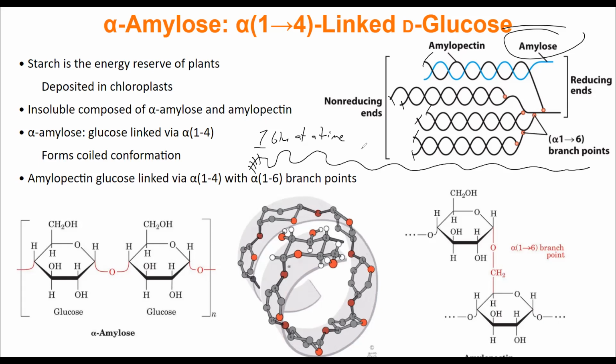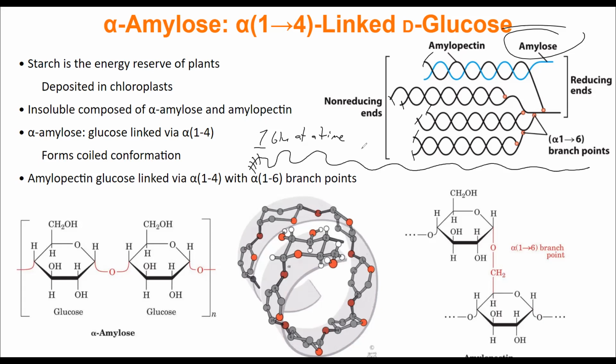But what happened is that plants created a different type of molecule to ensure that slow release mechanism, where the plants just said, I'm going to create one glucose polysaccharide that doesn't branch. When I do that, now my glucoses aren't going to be all cut off very quickly. It's just going to be one at a time.